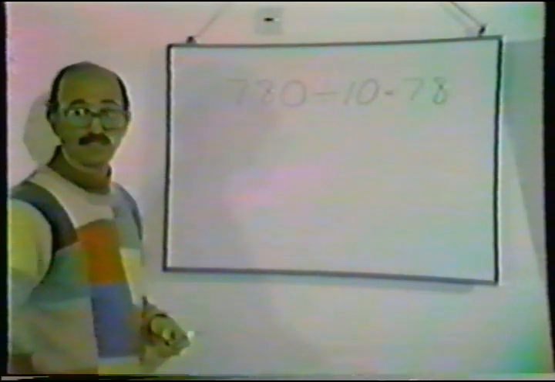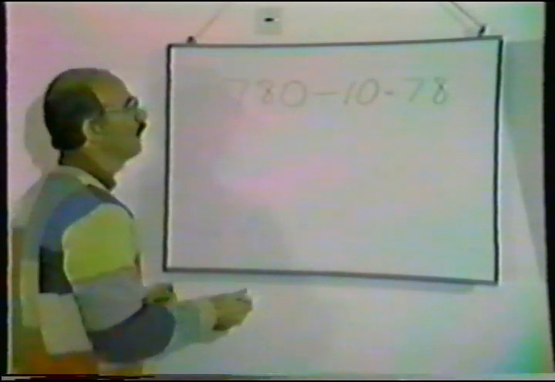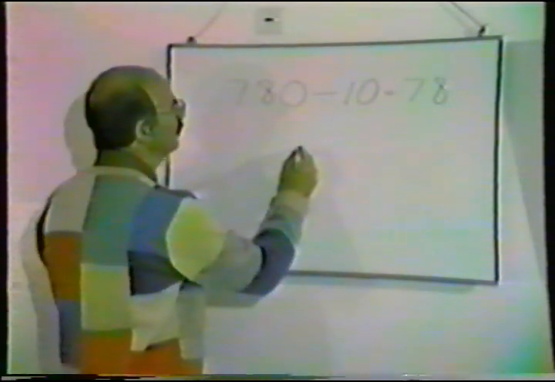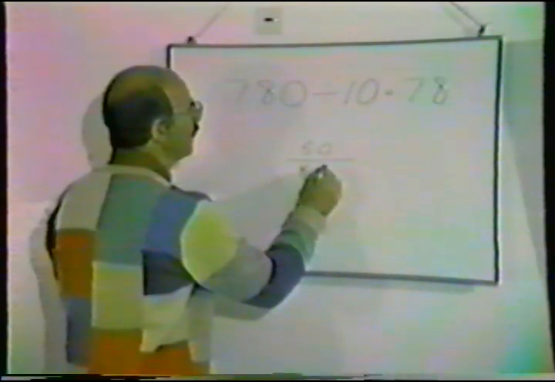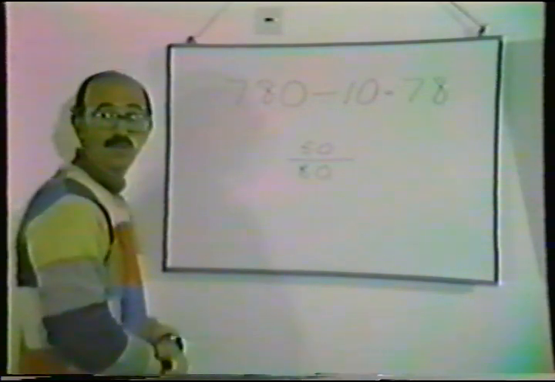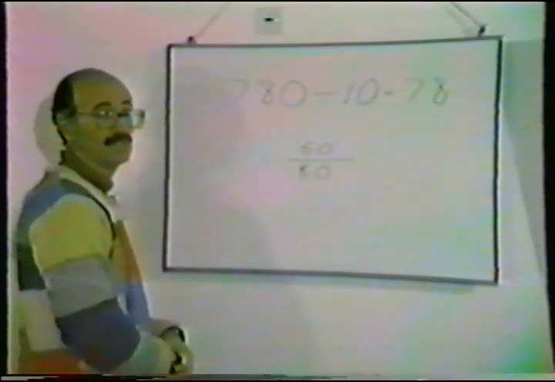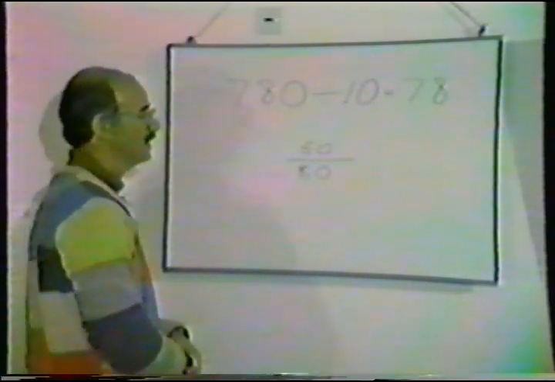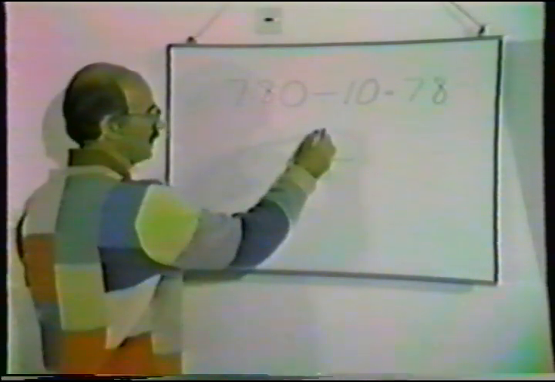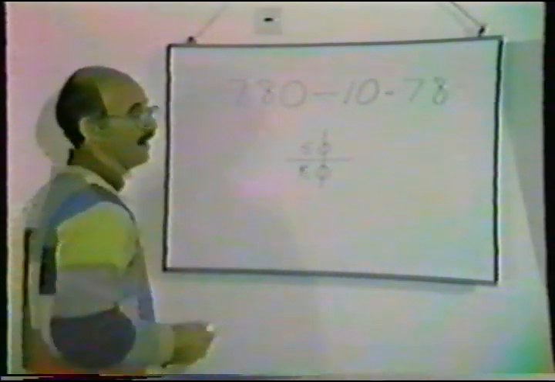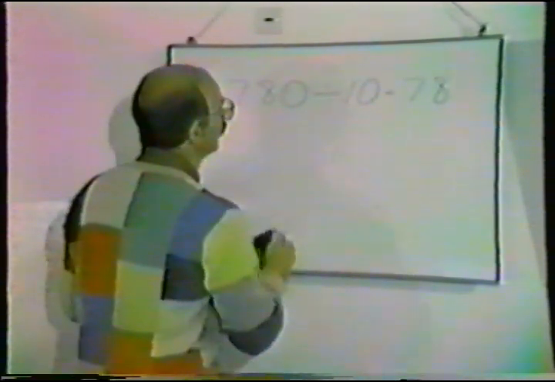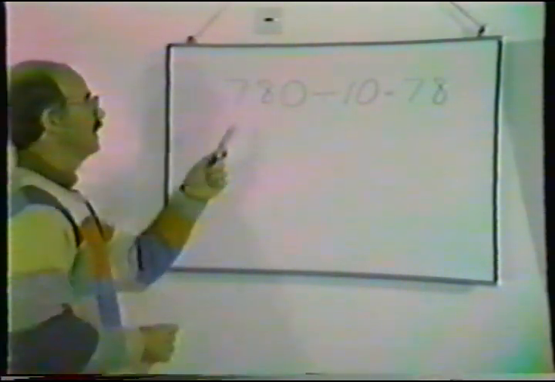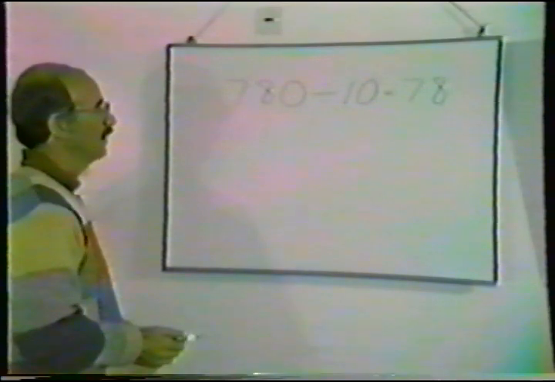And that's the same trick that we use when we have a fraction such as 50/80ths, and we decide we're going to reduce it by dividing top and bottom by 10. You remember we did it just by chopping off the zeros. Now, let's consider the decimal points in this problem.